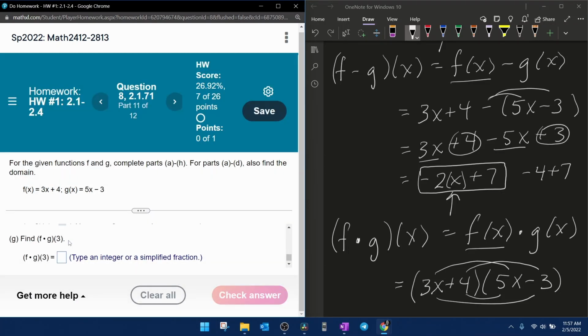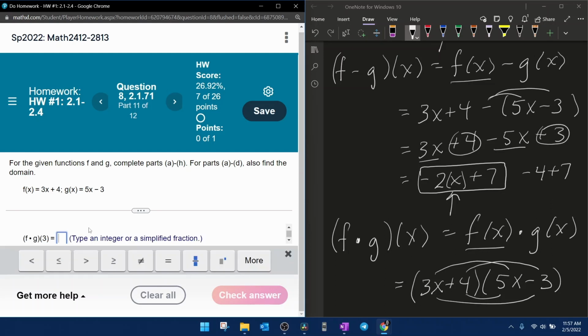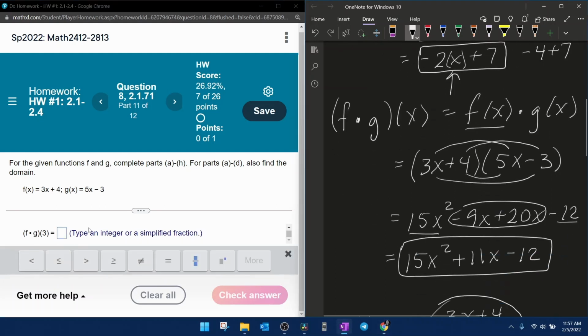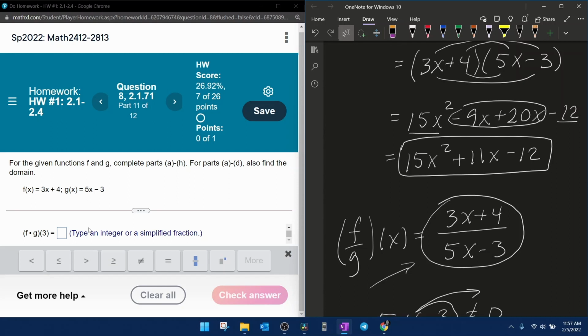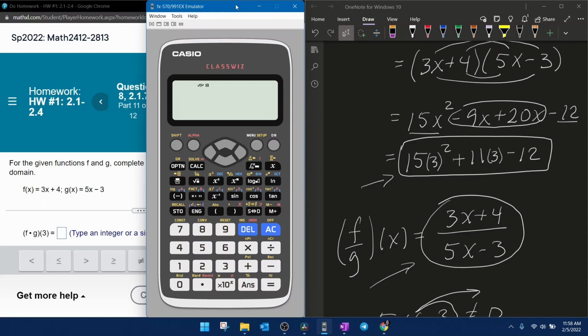F times g of 3. Again, taking the shortcut. Here we have our outcome for f times g of x. And we're going to replace each x with 3. So here, if I use my fancy tablet, replace each x with 3. This is a fantastic opportunity to make use of our Casio Class Whiz.